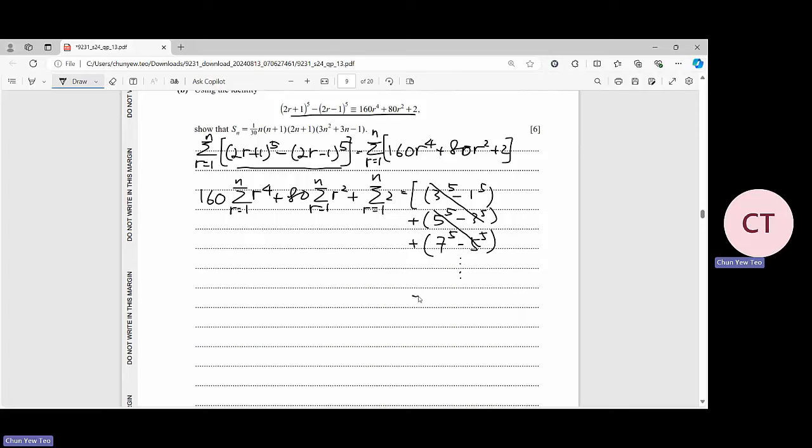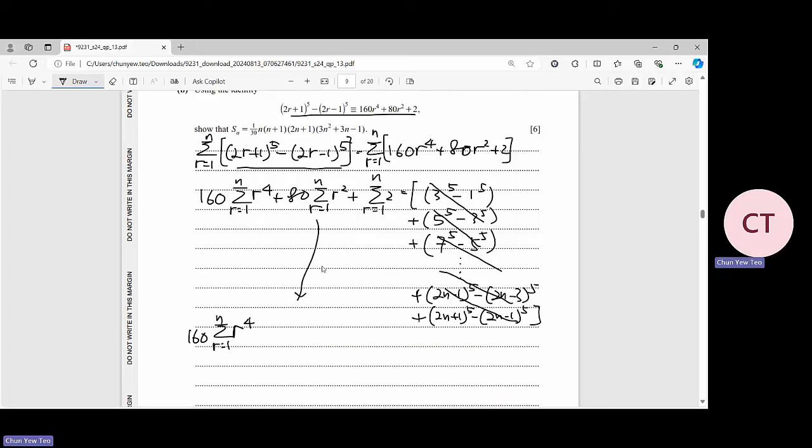Then we will need to show until the last one is 2n plus 1 power 5 minus 2n minus 1 power 5. Then the second last term is 2n minus 1 power 5 minus 2n minus 3 power 5. So the cancellation pattern will behave in such a way until here. So at the end, your left hand side will become this.